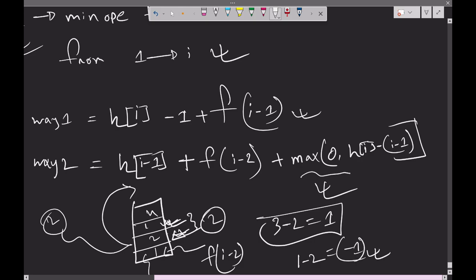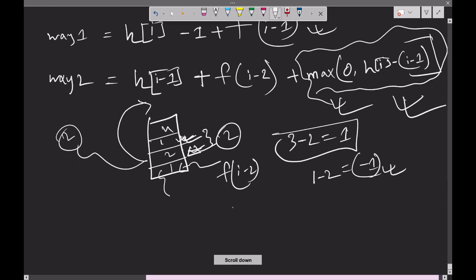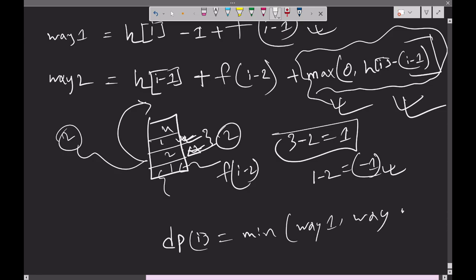That's why we're taking maximum of 0 comma health of I minus health of I-1. So these are the two DP states. Then we'll just do DP of I is equal to minimum of way 1 comma way 2. This is how we can solve this problem.